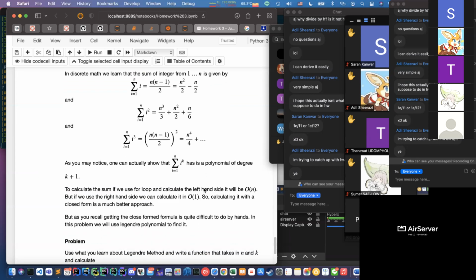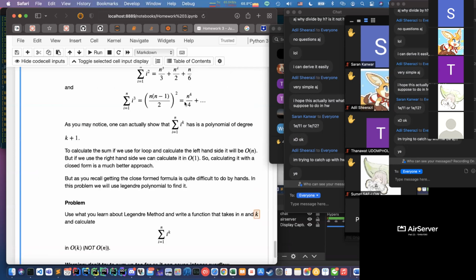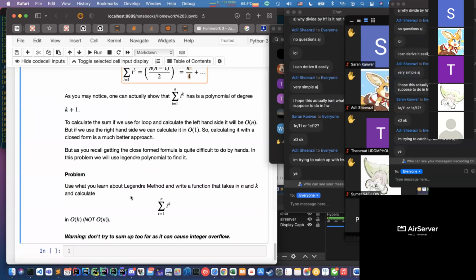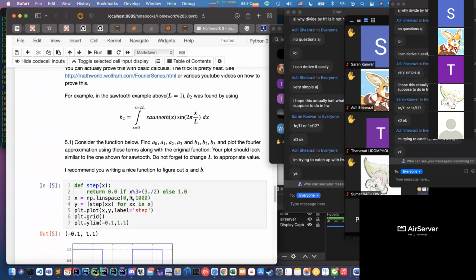The goal is to figure out the sum of i to any power k, because you know it's going to be a polynomial of degree k plus 1. Which means you can use Lagrange polynomial to figure out all the coefficients. What are these, 10^3, 10^2, and 10^6? You can figure out all the coefficients. Once you figure this out, it's going to be really cool. So use Lagrange polynomial to do this.